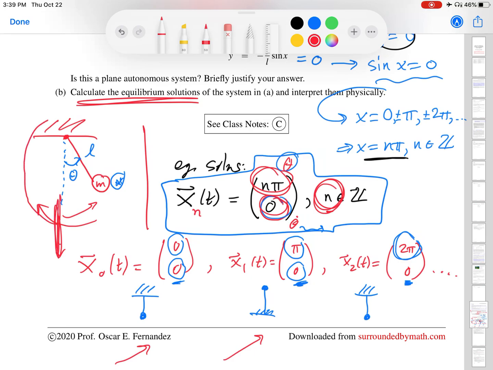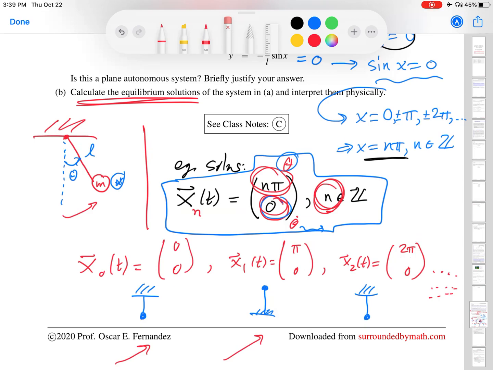This would be theta equals negative pi, so we're back to this picture. And this would be theta equals negative 2 pi, so we're back to this picture. So we don't learn anything new from all the other equilibrium solutions that I'm not writing. What we do learn is that every single equilibrium solution represents, just for this system, one of 2 possible physical states. And here they are down here.